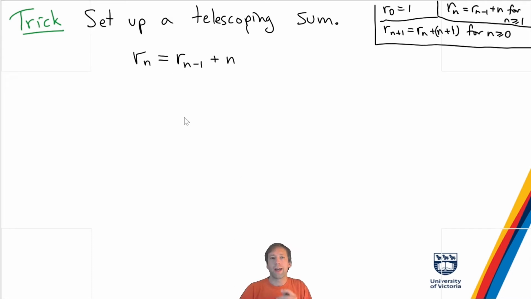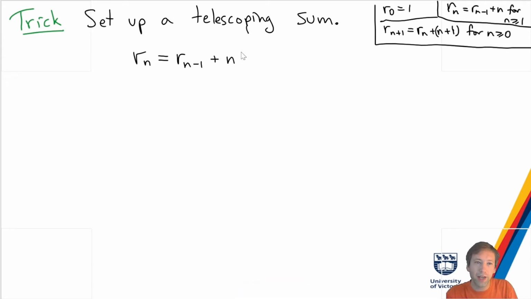Now we can write this in a slightly better way. Let's put the Rn and the Rn minus 1 on the same side of the equality. If I pull over the Rn minus 1 to the other side, I get that the difference Rn minus Rn minus 1 is n.